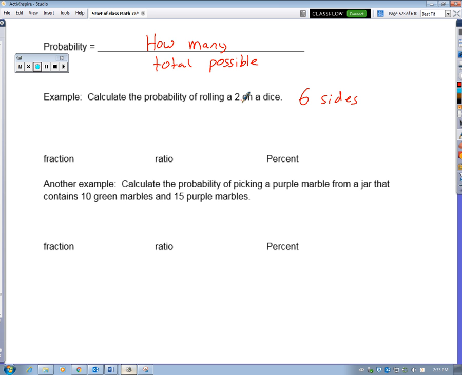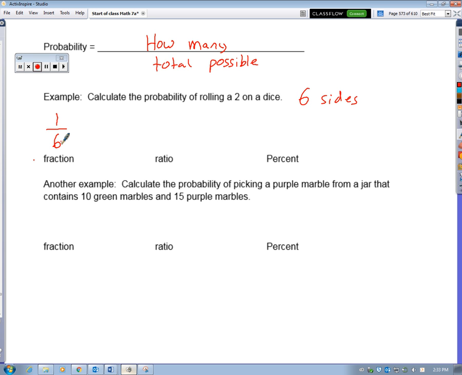And how many 2s do we have on a dice? That's going to be our top number here. We only have 1 2 on a dice. So if we were going to set this up as a fraction, we have 1 2, that's how many we have of getting a 2, and the total possible sides is 6. So our fraction for probability would be a 1 out of 6 chance of getting a 2 when rolling a dice.